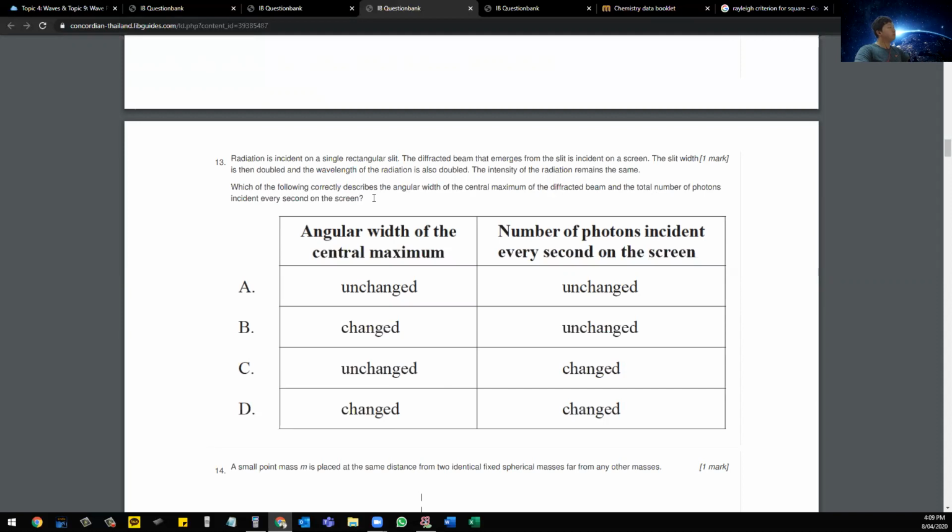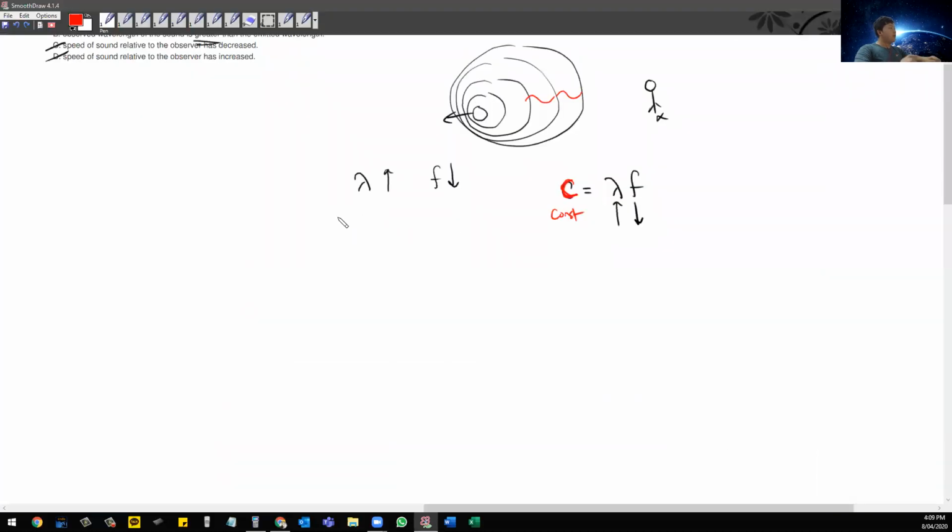Okay. So we have this aperture, and through that, some radiation is coming out. I'm just going to write it like this. That's the slit width there, and then you have this diffraction pattern.